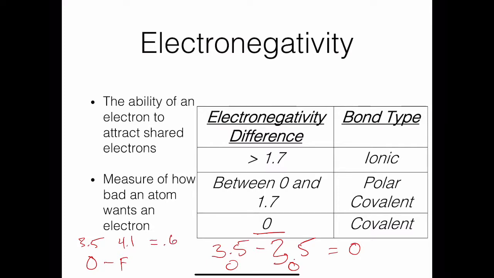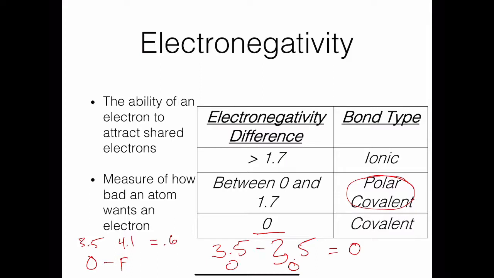Now, this puts it in the polar covalent range, which makes sense. We're talking about a covalent bond. We're talking about two nonmetals together. And we're also talking about an electronegativity difference, which means one of them is going to want electrons more than the other one does. Anything above 1.7 is going to be a purely ionic bond.